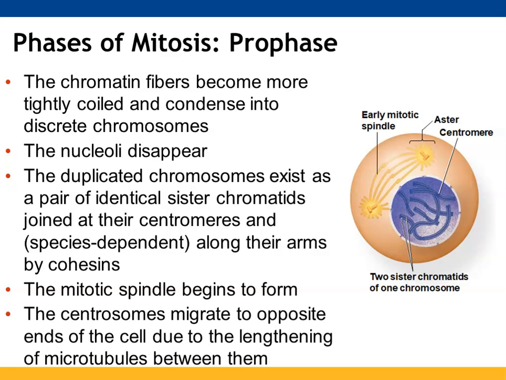During prophase, the chromatin fibers condense, they become more tightly coiled, and you can actually see the chromosomes in the form of sister chromatids. You no longer see your nucleoli. And again, I told you depending on your species, some of the arms of the chromosomes may be attached to one another via cohesion proteins.